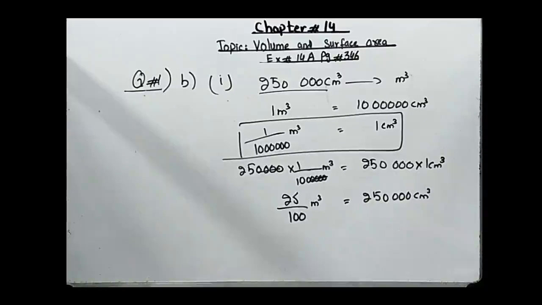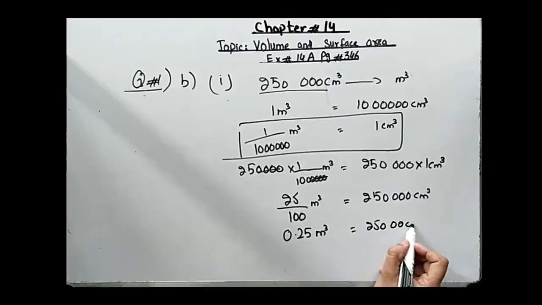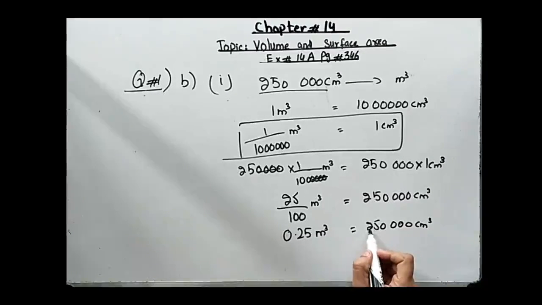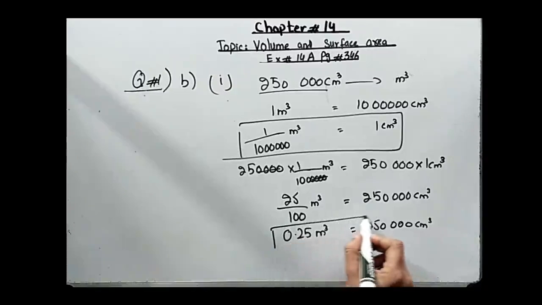There are 2 zeros. It means we will put the point after 2 digits, counting from the right side. So 1, 2, it means 0.25 meter cube is equal to 25000 centimeter cube. So 25000 centimeter cube is equal to 0.25 meter cube.